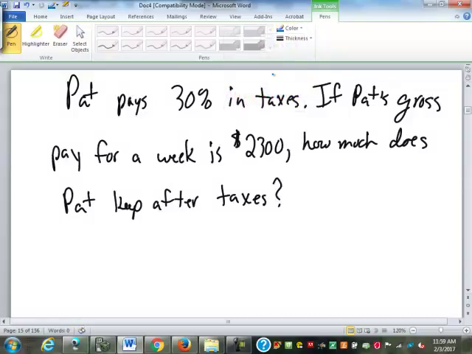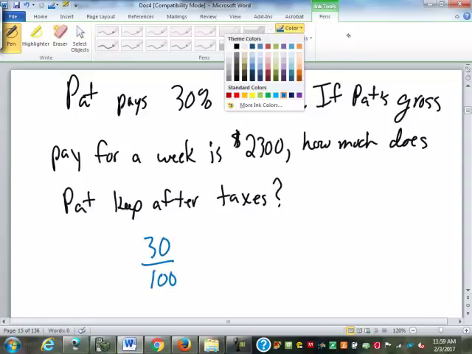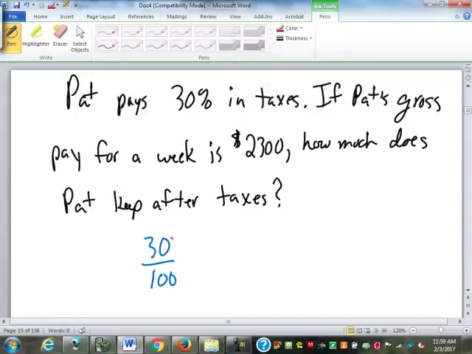So again, we've got our percent, 30%, 30 over 100. What does the 30 represent here? As you look through the word problem, can anybody pick that out? 30%, in taxes. The 30 represents the amount of taxes that Pat pays.